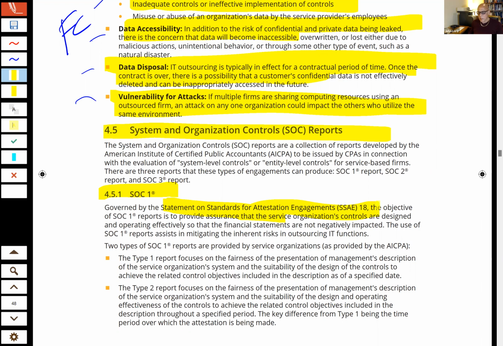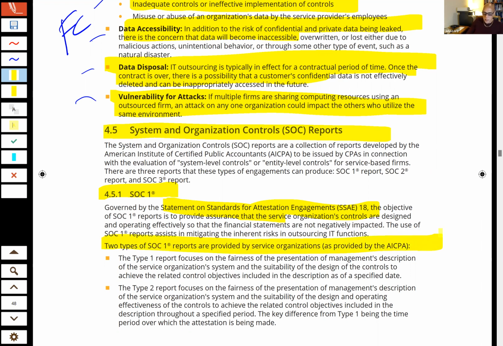And what happens is if you're auditing a company and you're auditing their payroll, it's done by ADP, and ADP doesn't want 52,000 auditors descending on them. So they have an auditor come in and issue a SOC 1 report, and the SOC 1 report provides assurance that they are processing data correctly. They have the internal controls to process data correctly. There are two types.